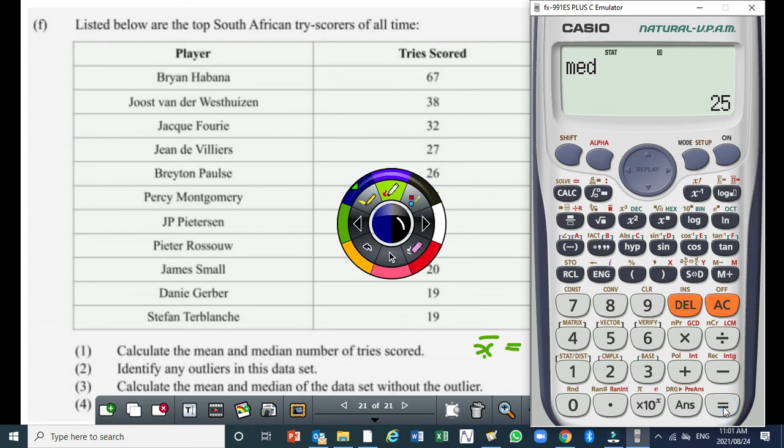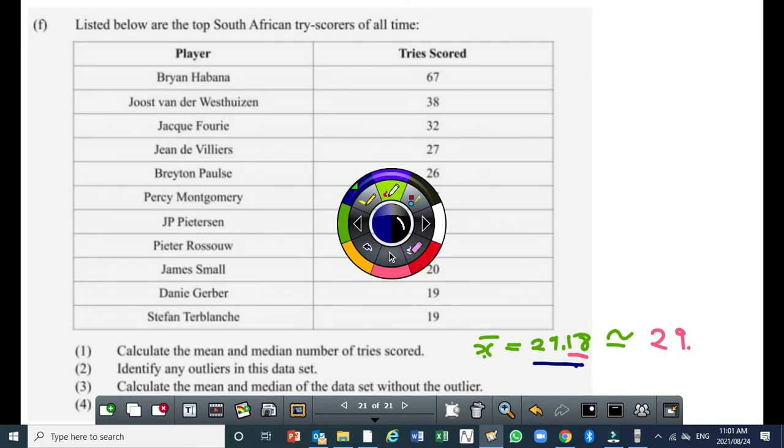Right? So you get 25. If you don't have it, then you have to rearrange the data set. So the median here, we say Q2 is going to be 25. Now it will be 25 tries, remember.